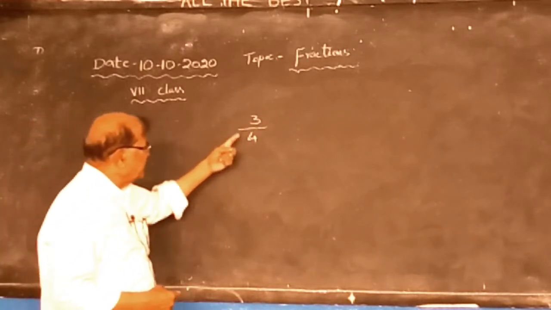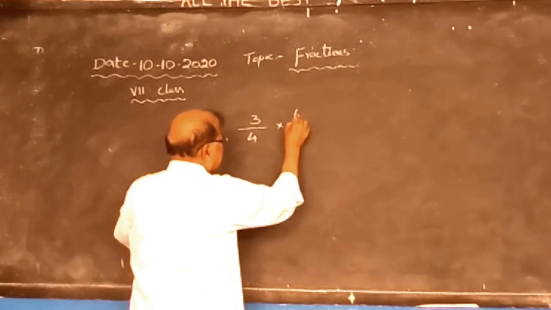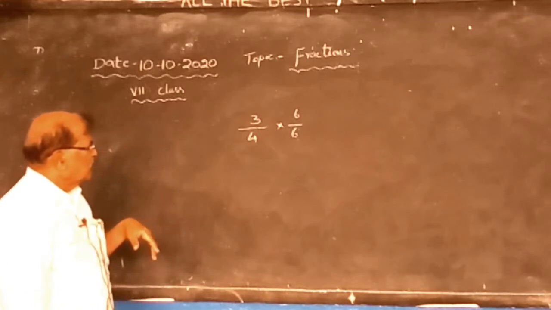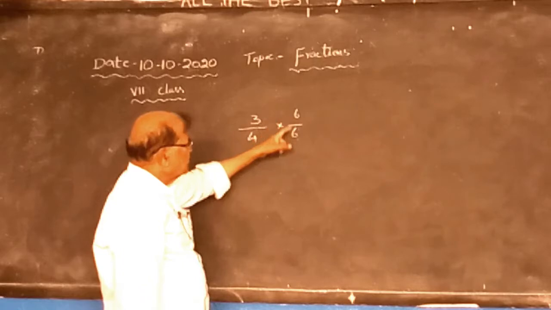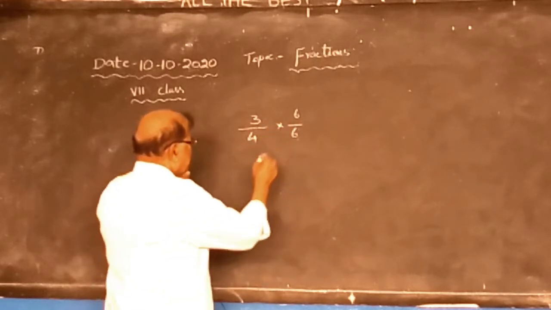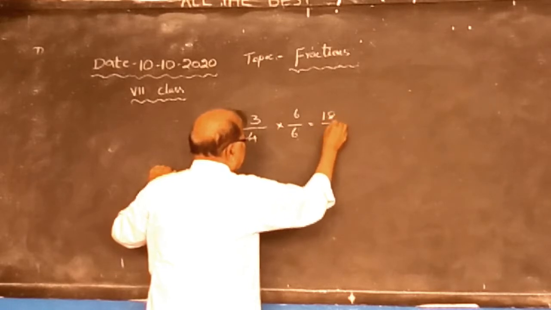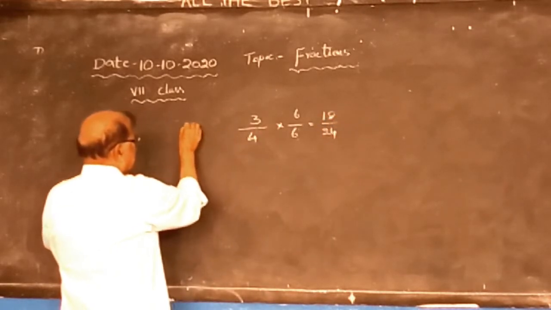So numerator is 3, denominator is 4. I am multiplying the numerator by 6, denominator also by 6. So the numerator and denominator are both multiplied by 6. The resultant is what you are getting? 18 by 24. Actually this is 3 by 4.